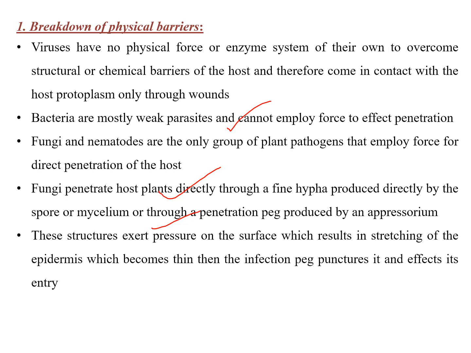These structures exert pressure on the surface, which results in stretching of the epidermis, which becomes thin. Then the infection peg punctures it and effects its entry.